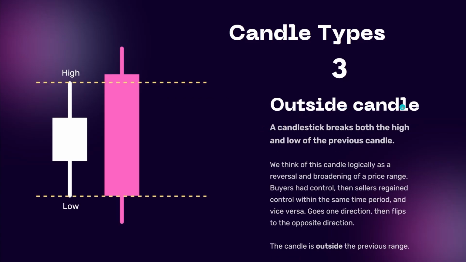An outside candle is when we break both the high and the low of the previous candle. We're going to be seeing a lot of these. What's great about today's trading day is that we had so many of these, and we knew when they were going to happen. Now let me explain.